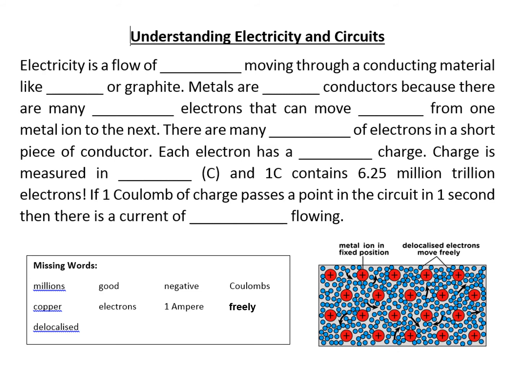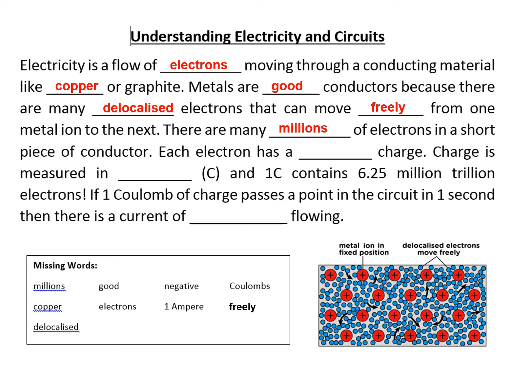Again, you might get a paragraph on the It's Learning page, and you have to fill in the missing words, so make sure you can do this. Electricity is a flow of electrons moving through a conducting material like copper or graphite. Metals are good conductors because there are many delocalized or free electrons that can move freely from one metal ion to the next.